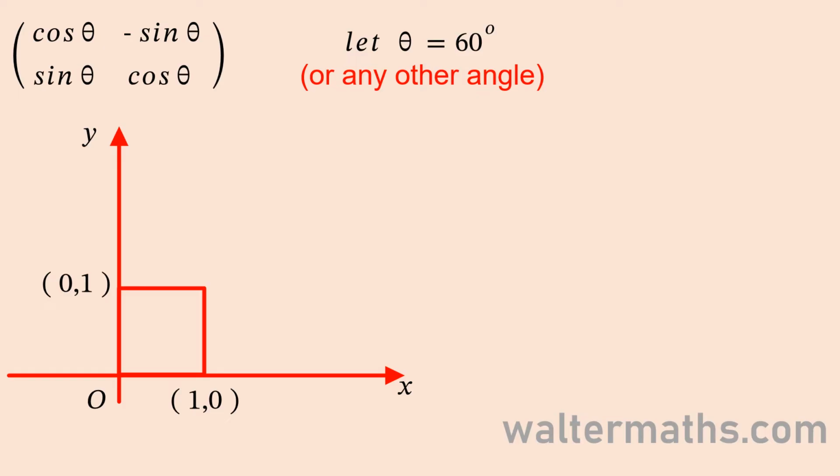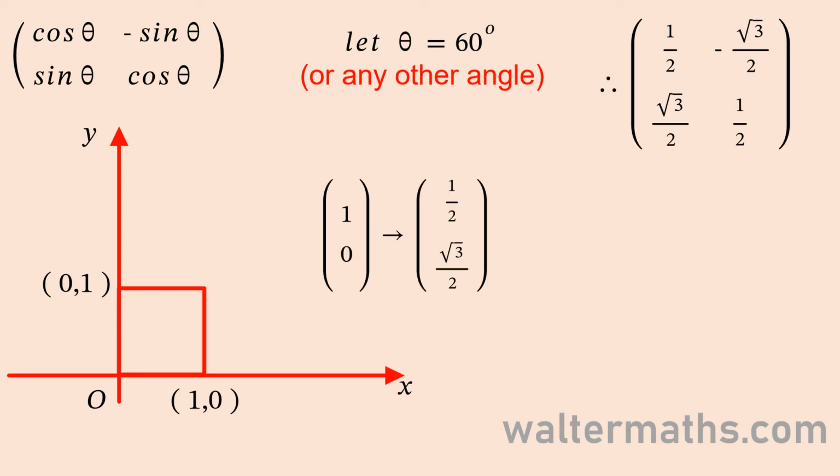So if theta is equal to 60 degrees and I substitute it into this matrix, then I'm going to get the matrix with elements a half, minus root 3 over 2, root 3 over 2, and a half, which means that the point 1, 0 is mapped onto half and root 3 over 2, which is this point here.